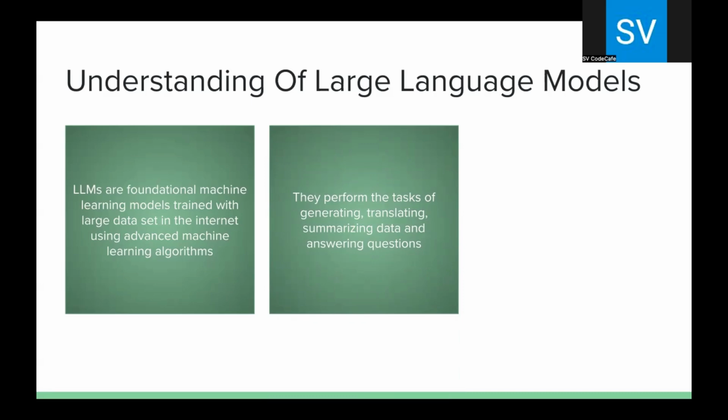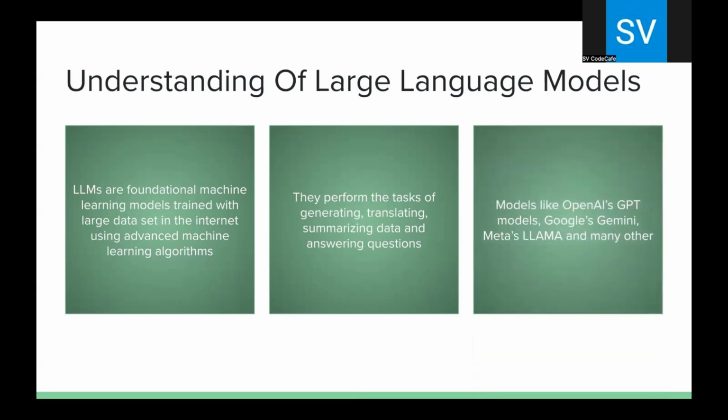We will understand other use cases where generative AI fits in the upcoming slide. Most popular models are OpenAI's GPT models, like GPT-4 and GPT-3.5 Turbo, Google's Gemini, Meta's Llama, and many others.